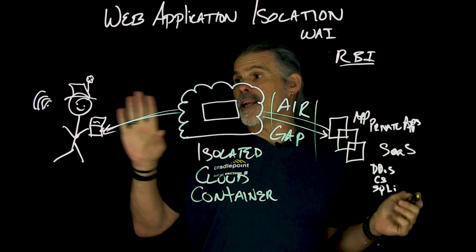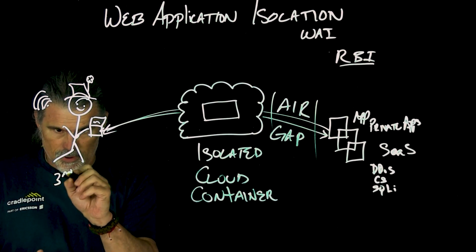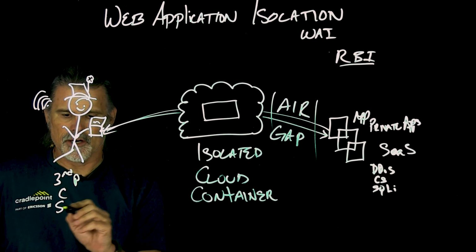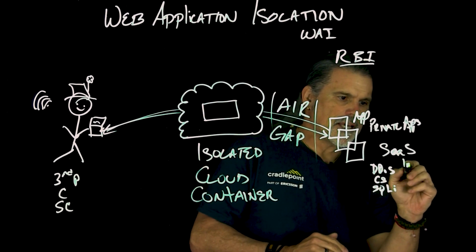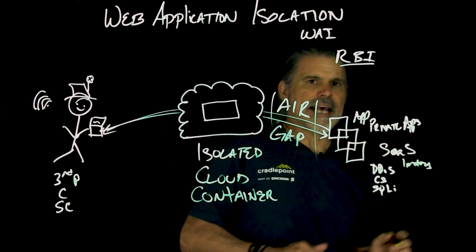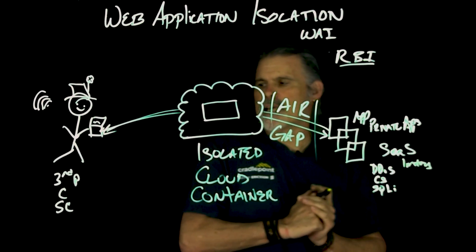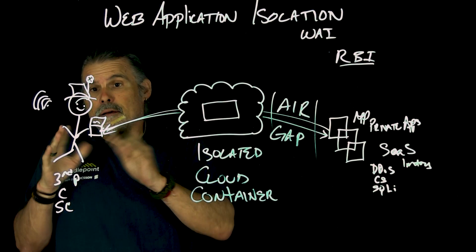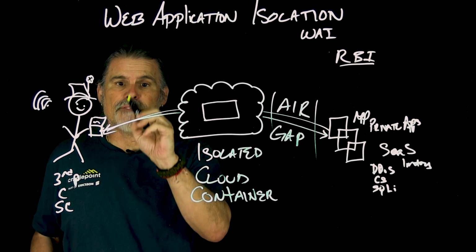If you think about it, these are perfect for a third party or contractors or supply chain. They need access to inventory, SaaS applications, other types of content on the back end. But because they're a contractor, third party, it's an unmanaged device.